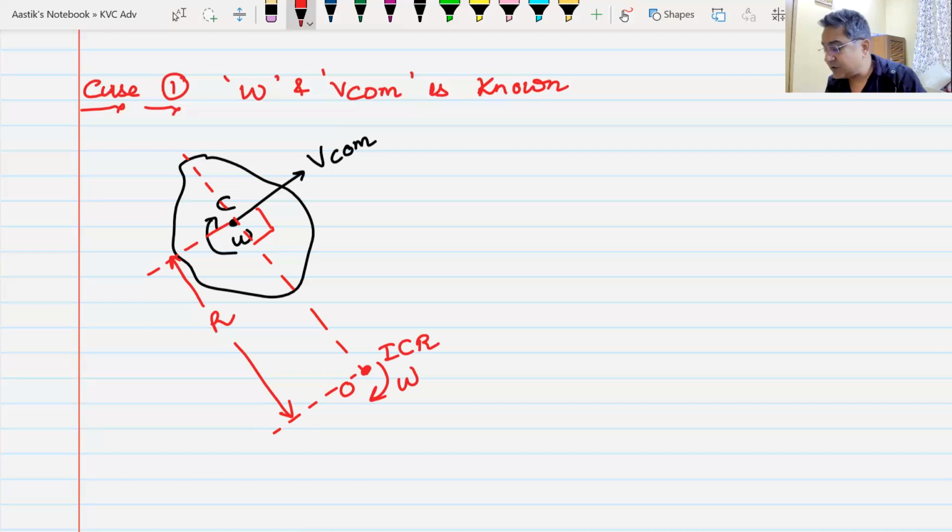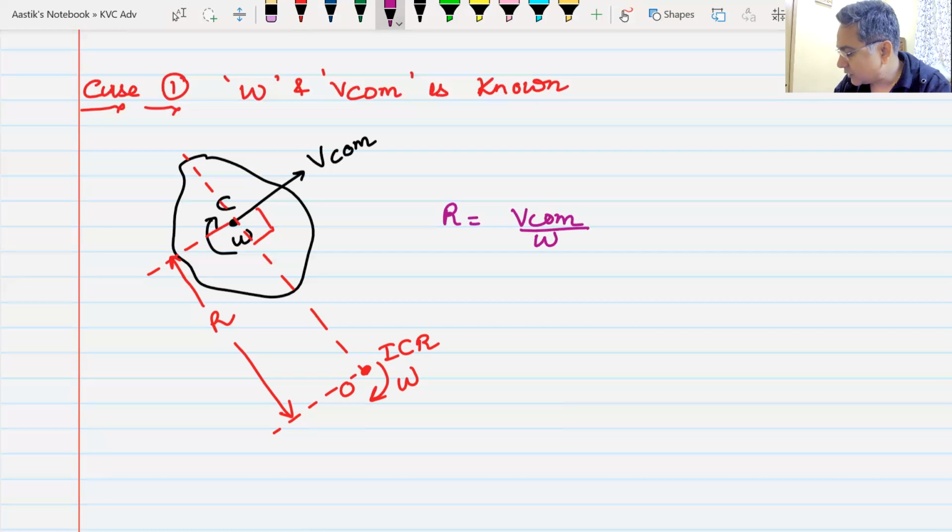You must be able to find the velocity of any point from here, including the velocity of the center of mass. So the value of this R will simply become the velocity of the center of mass divided by omega. And this must be perpendicular.